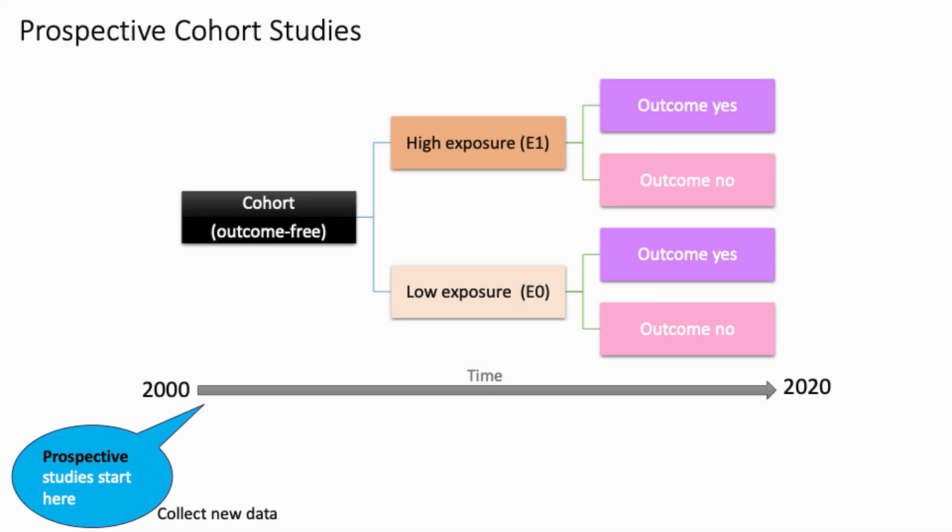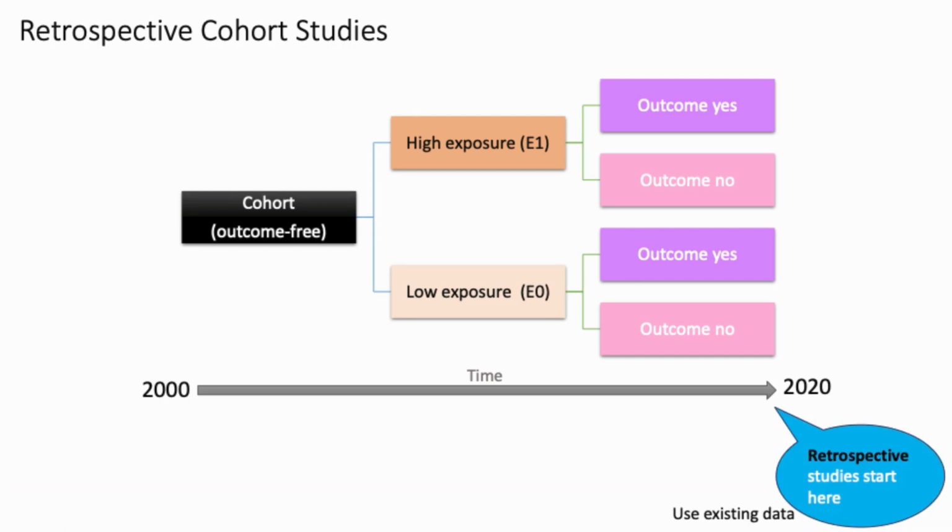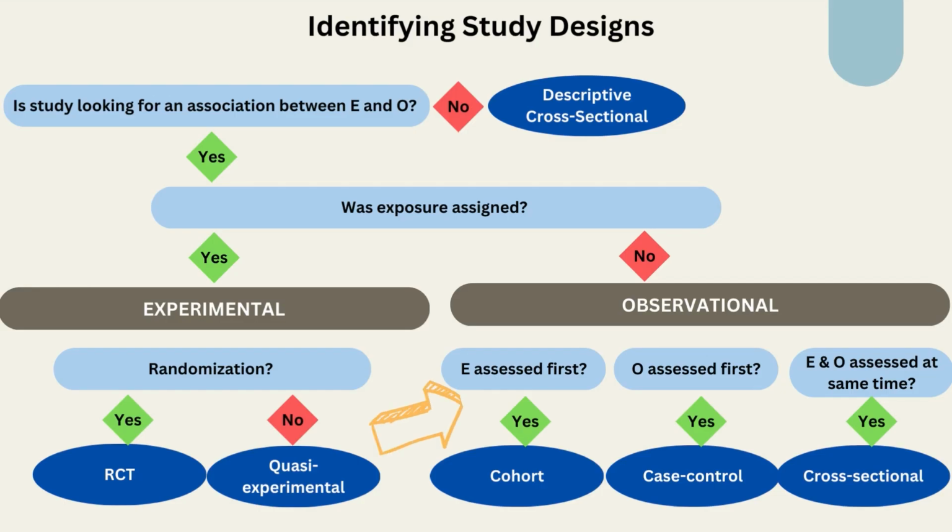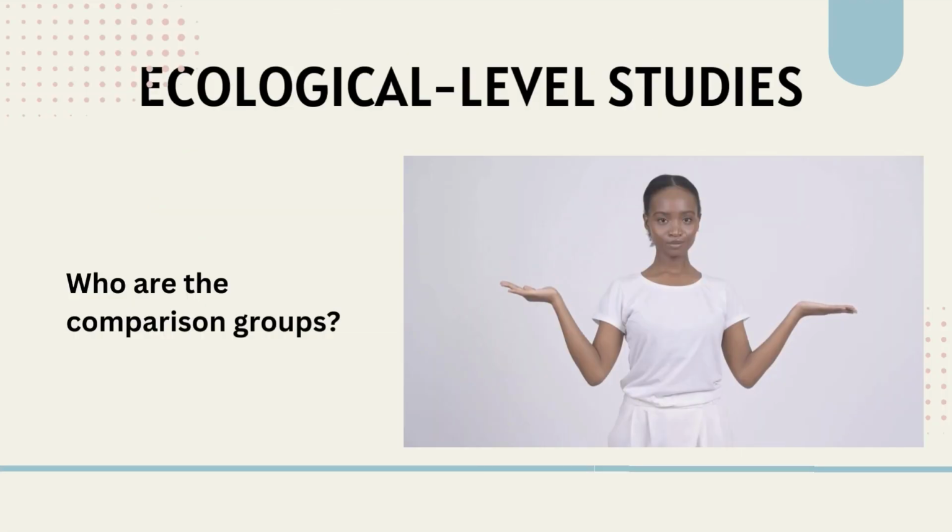Prospective studies start by assembling a cohort and then collecting data on that cohort for some follow-up period. Retrospective cohort studies find some existing group of people as their cohort and collect data about those people during a follow-up period in the past. Now we can fill in the last observational study in our flowchart. Among the observational studies, the defining feature of a cohort study is that the exposure is assessed first and exposure groups are compared.